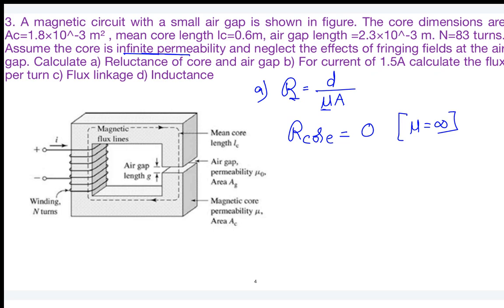In the same manner, find the reluctance of the air gap. The reluctance of the air gap is nothing but, you can see here the length is the air gap length. What is the value I have given? 2.3 into 10 power minus 3 divided by mu, and since it is air, you know the value of mu, that is 4 pi into 10 power minus 7, same as free space, into the area of cross section of this air gap.